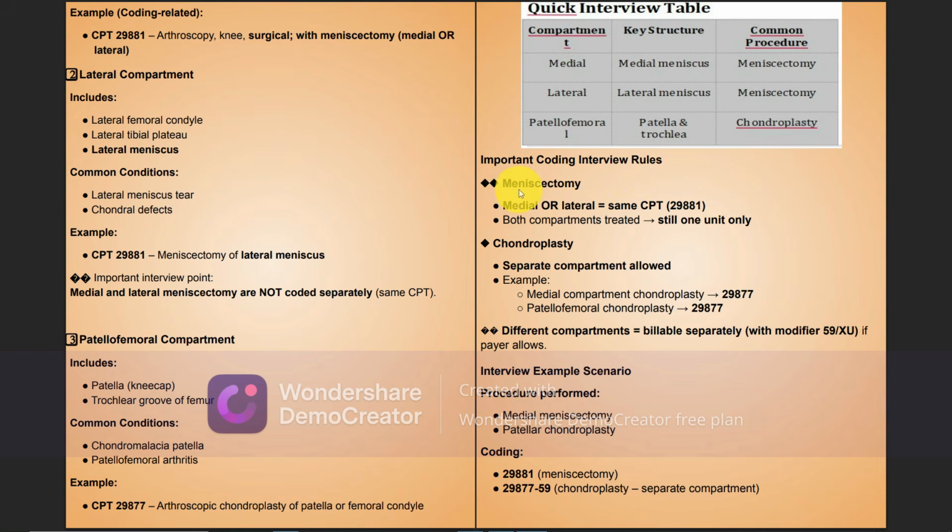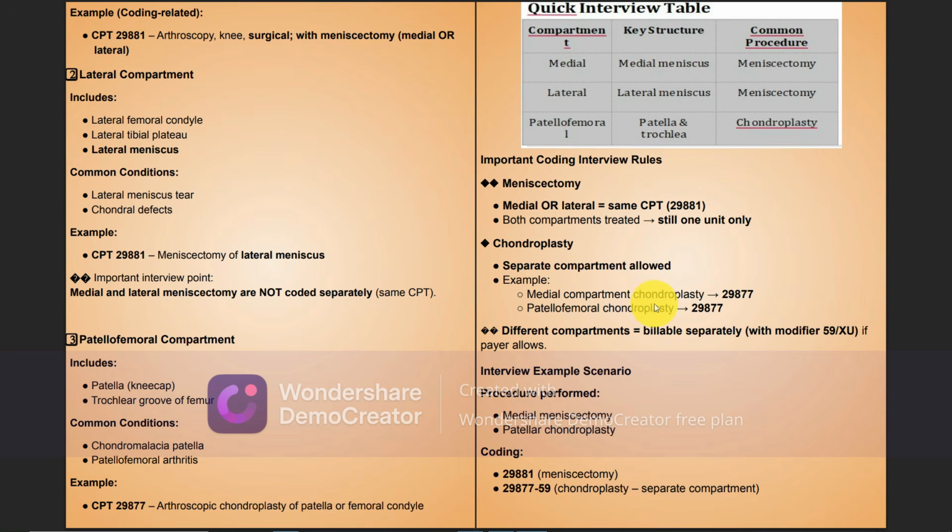Important coding interview rules. If they are asking about meniscectomy, however they perform it, medial or lateral, it is the same CPT code 29881. If both compartments are treated, still one unit only. For example, medial or lateral, both compartments treated, we use one unit only. Chondroplasty, separate compartments allowed: if one procedure is performed in the medial and another in the lateral, we can code that.